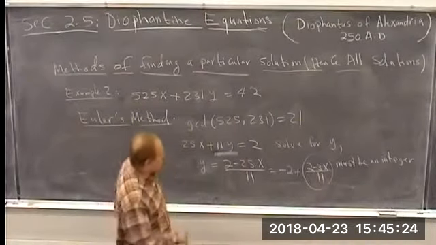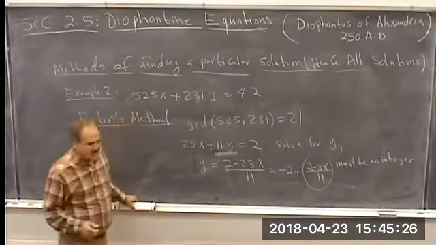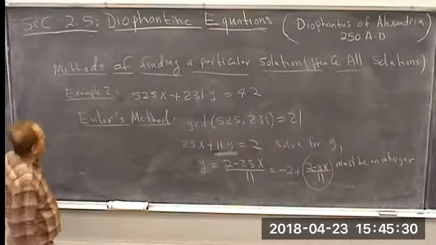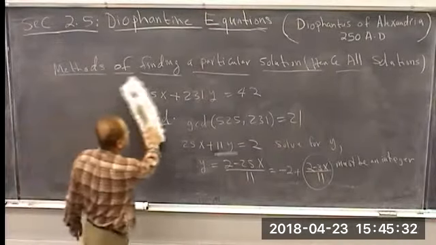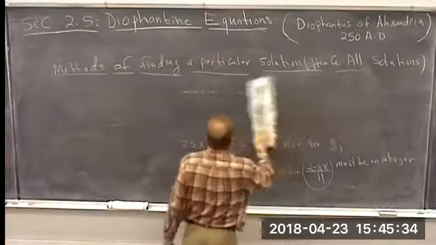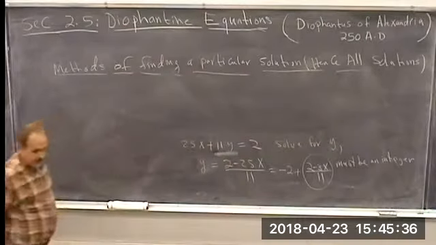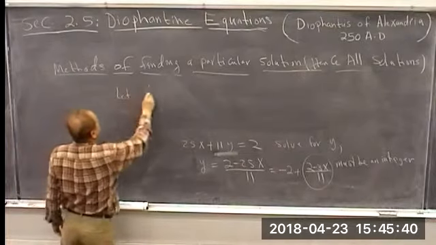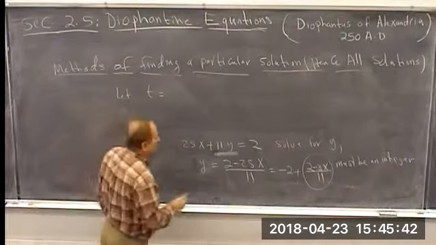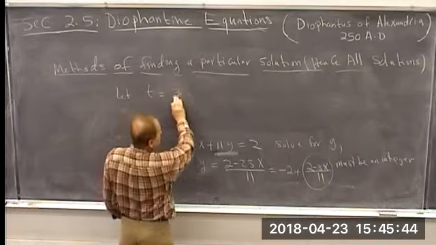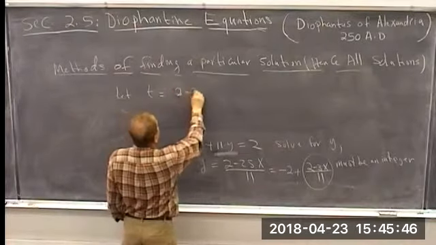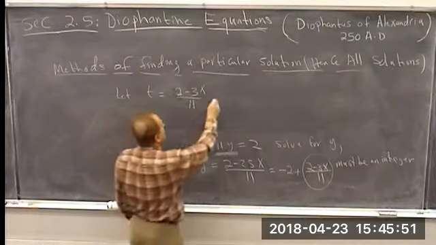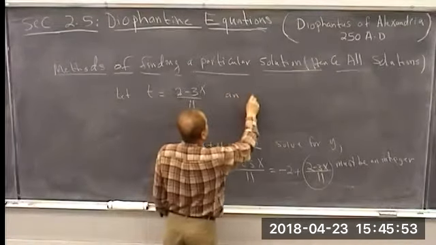Let me choose t, okay? Let me use actually a different letter than t. Let me use u, okay? So we're going to let t equal 2 minus 3x over 11. And this is supposed to be an integer.